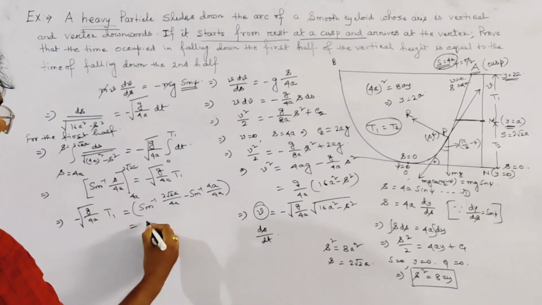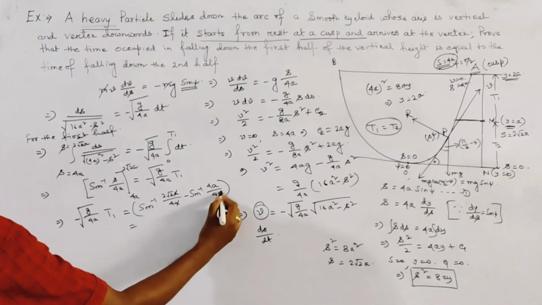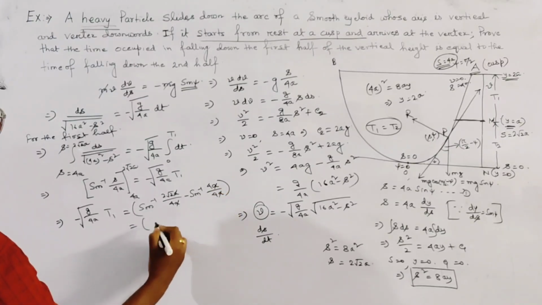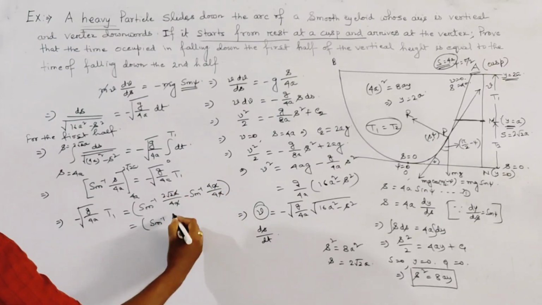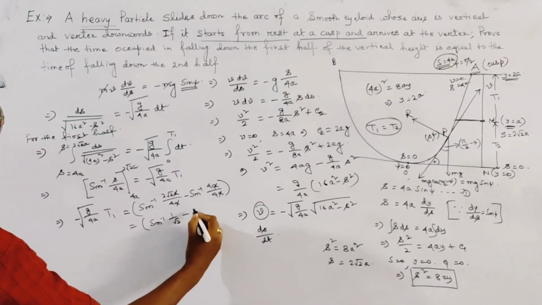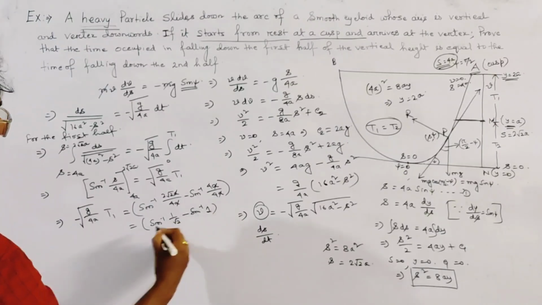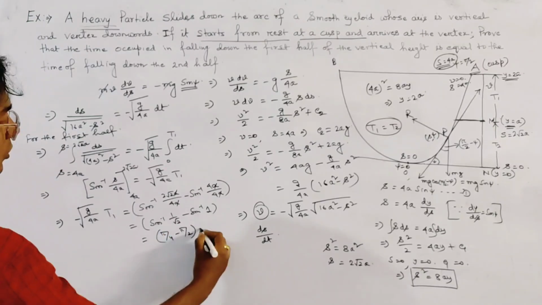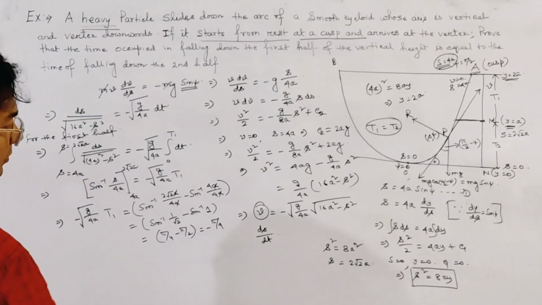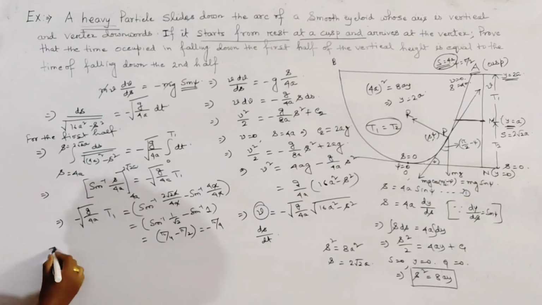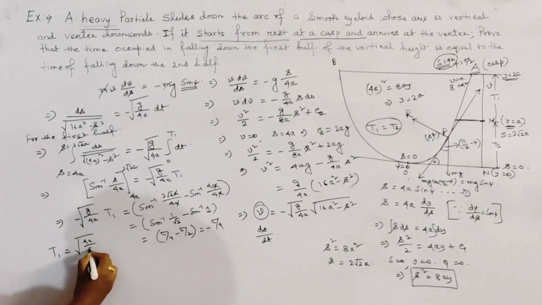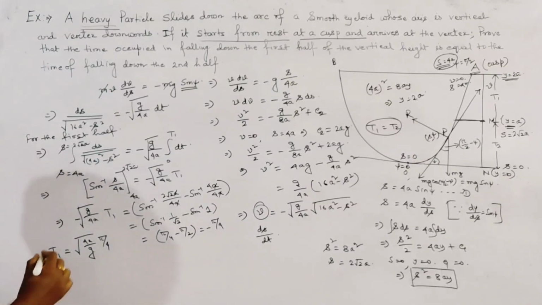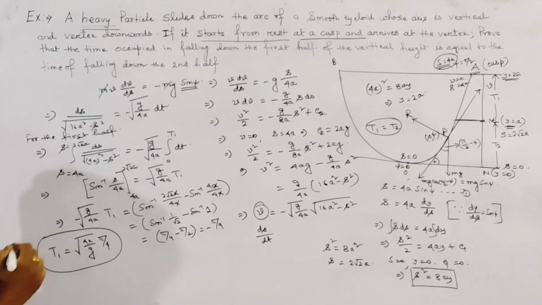Okay, so the a cancels out, so we get sine inverse 1 by root 2 minus sine inverse 1, that is pi by 4 minus pi by 2, which is minus pi by 4, and t1 is given by root 4a by g into pi by 4. This is the required time for the first half.